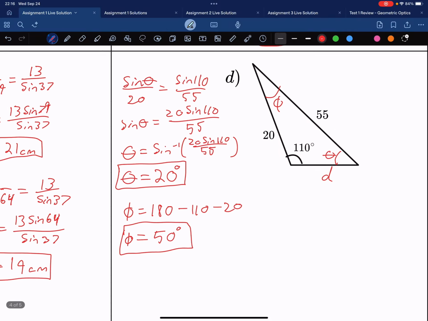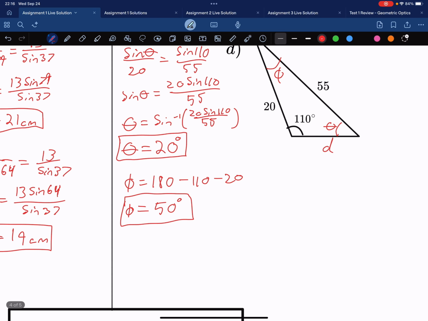Lastly, I believe we must do a sine law to find side length D. So I will go D over the sine of 50, because phi is 50, and that's the opposite angle. And again, I'm going to use the opposite side length and angle that have been given, which is 55 and 110. So D is equal to 55 times the sine of 50 divided by the sine of 110.